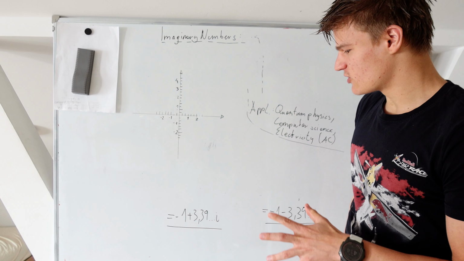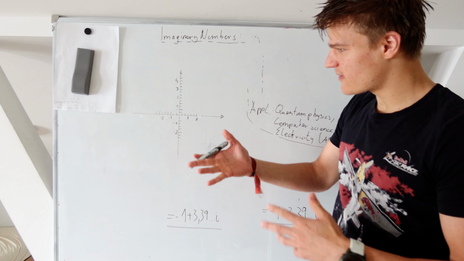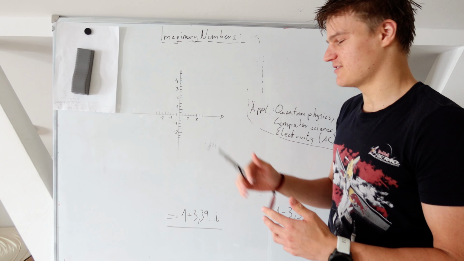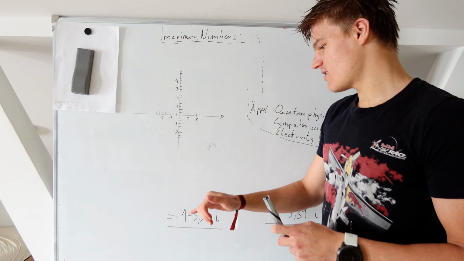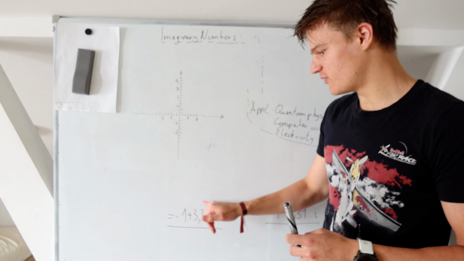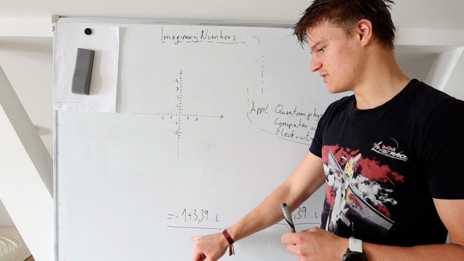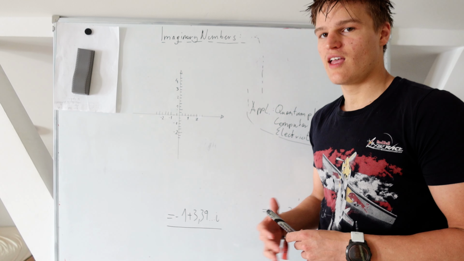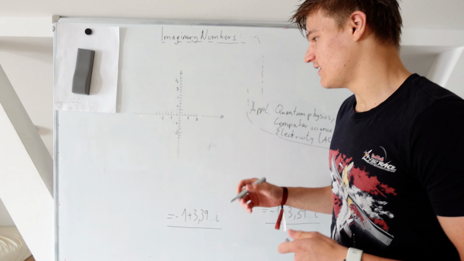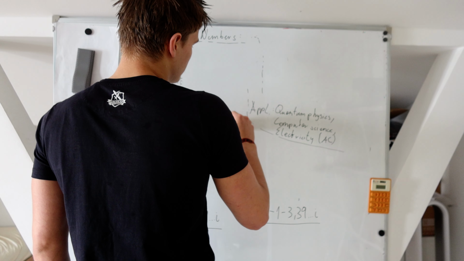Now let's have a look. So why did I draw these two lines? Good. So one part of this expression is what we call imaginary, and one part is what we call real. And those are exactly our two lines.